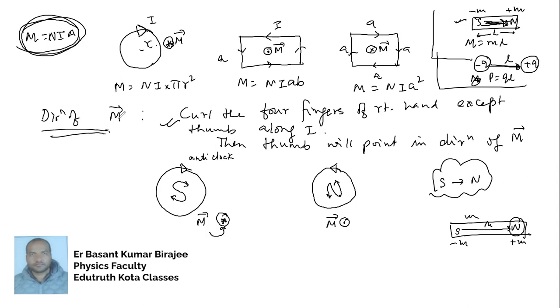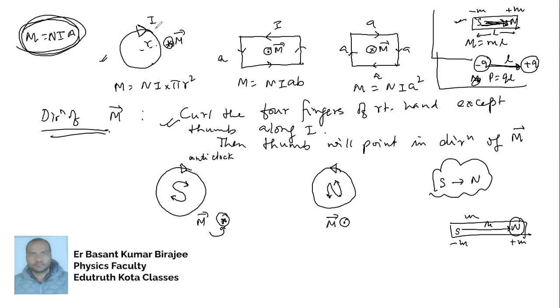This is graphically represented like this. If you have an anti-clockwise current, and you write S here and put an arrow, then the arrows are in the same direction. This means that with an anti-clockwise current, the outer side is the south pole. Or we can simply find it by the right hand rule.